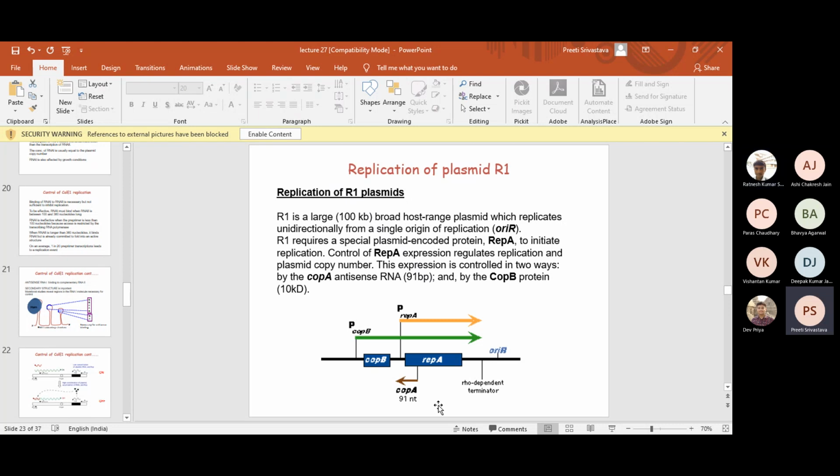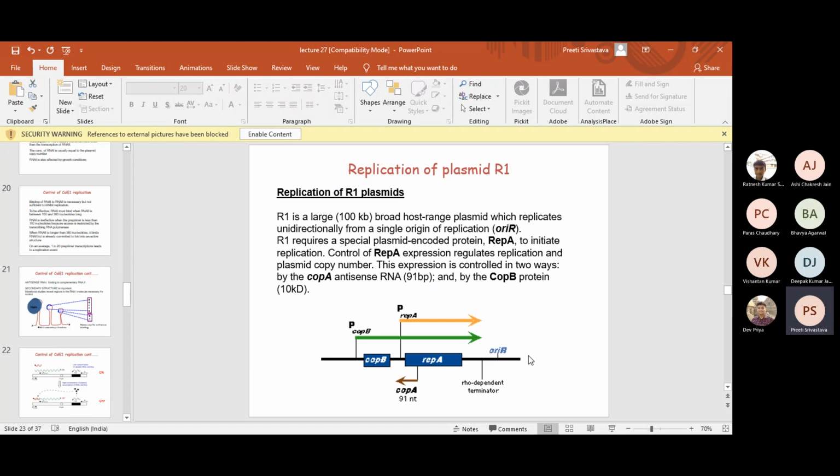Okay. So in this case, class, the origin of replication ORI-R, the replication bubble will form at ORI-R, which is shown over here. The rep A protein will bind and will actually initiate the replication.